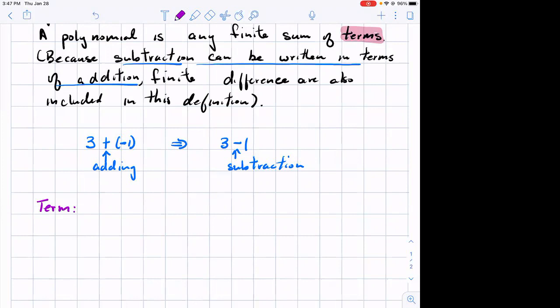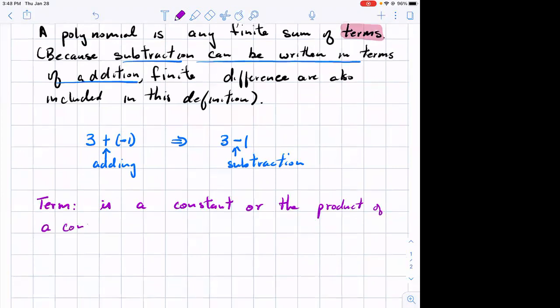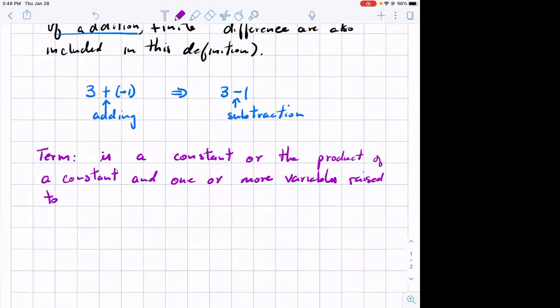Well, a term is a constant, okay, or the product of a constant and one or more variables raised to whole number exponent.